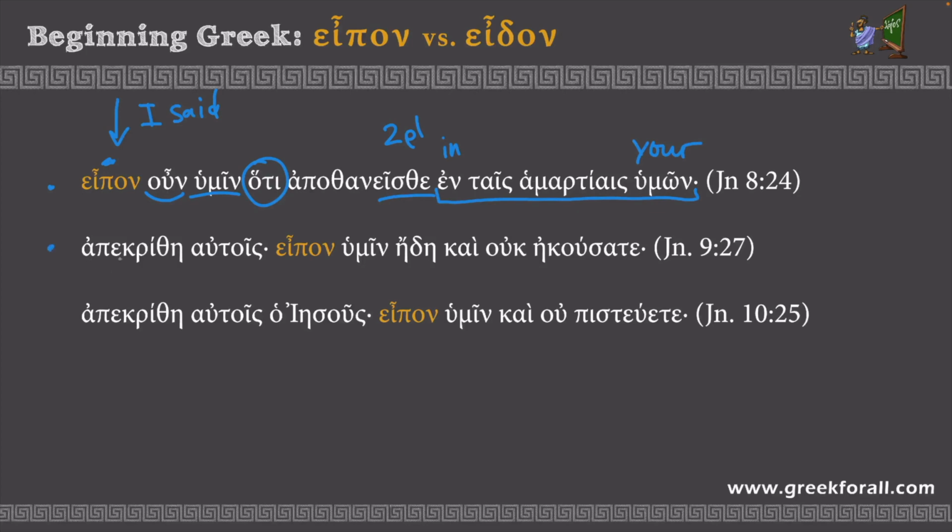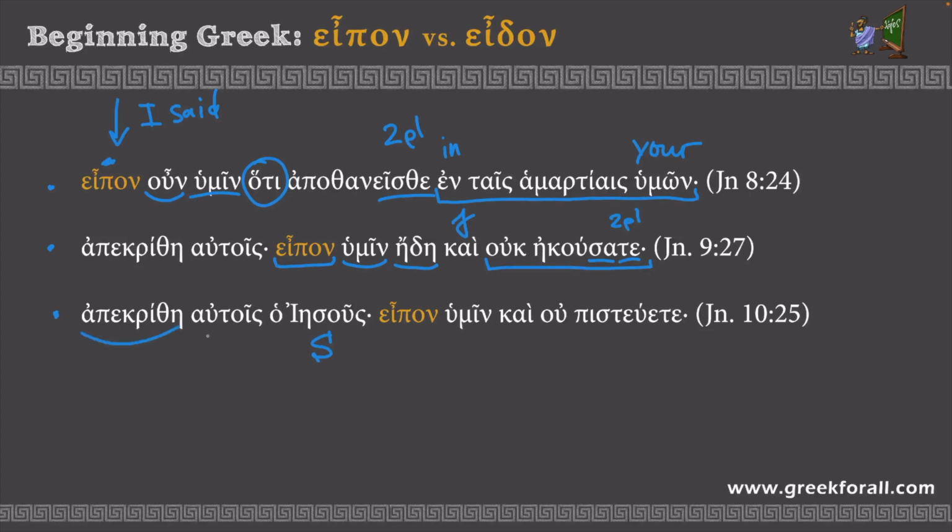And now, apekrithe autois, he answered them. Eipon humin, I said to you, ede, already, kai, and ouk ekousate, and you didn't hear. So this is another aorist, second person plural, you didn't hear. And the final example is similar to the previous one. Apekrithe autois ho Iesous. So Jesus, this is our subject.